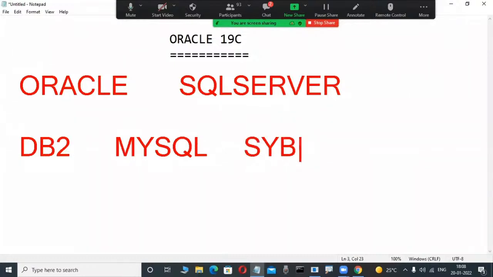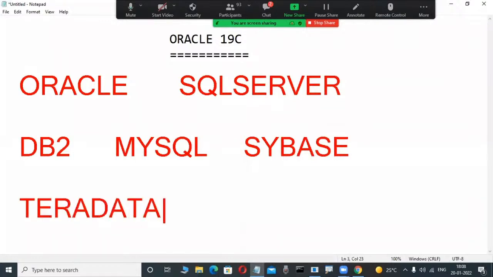Sybase is a database product from Ingres Corporation. Again, Teradata, which data warehousing application programmers may know. Teradata is a database product from NCR Corporation. SQLite is a database product. Like this, so many database products are there from different companies.